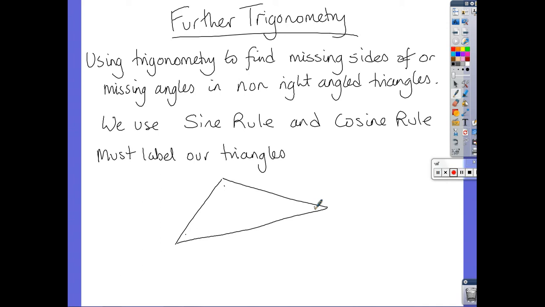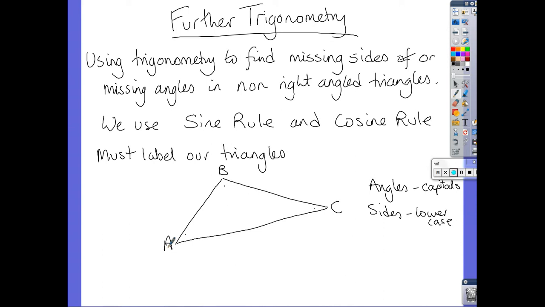Now to label them up, you tend to pick A, B, C just because the formulas are written using the letters A, B and C. However, you can actually use any letters, but I'm just going to go with A, B and C. So the angles are capitals and the sides are going to be lowercase, and we do those opposite the angle.